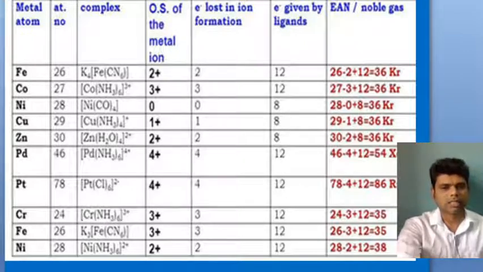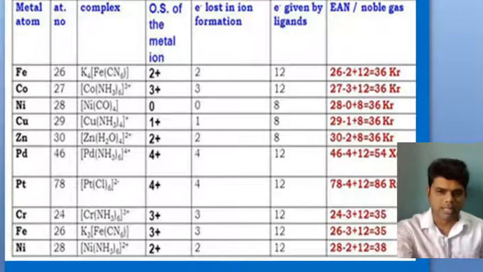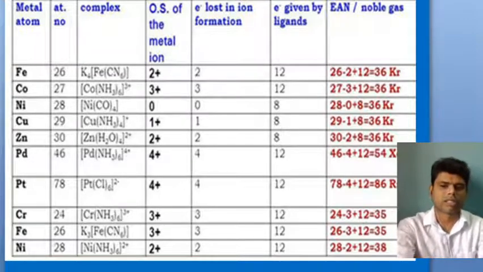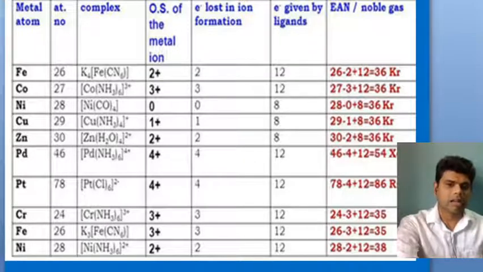So 27 minus oxidation state 3 plus 6 into 2, 12, sums up to 36, which is the electronic structure of krypton. Therefore, you can say this hexaamminecobalt(III) ion is a stable complex ion, EAN is followed, and Sidgwick's theory is followed.